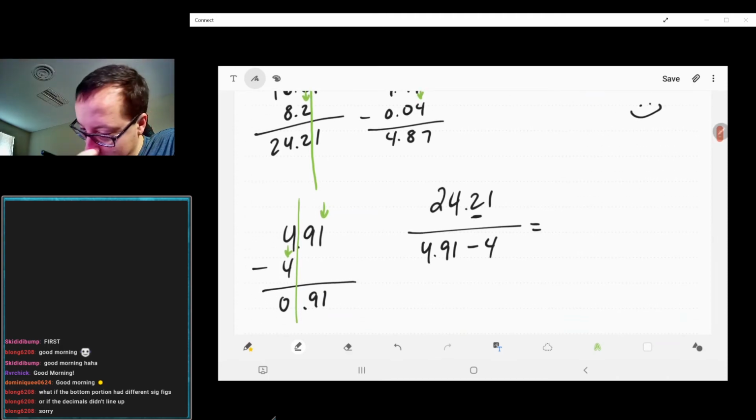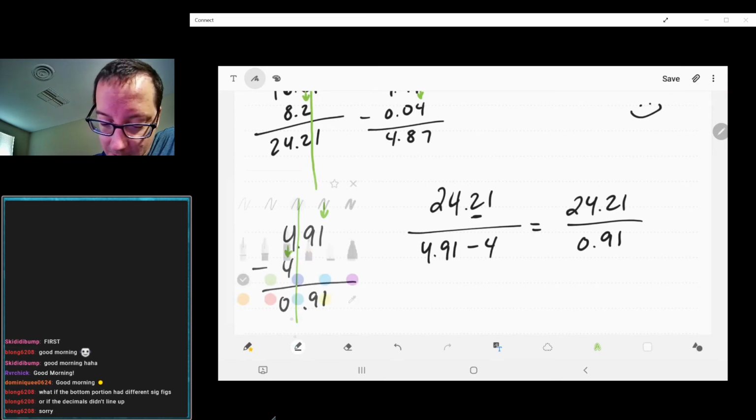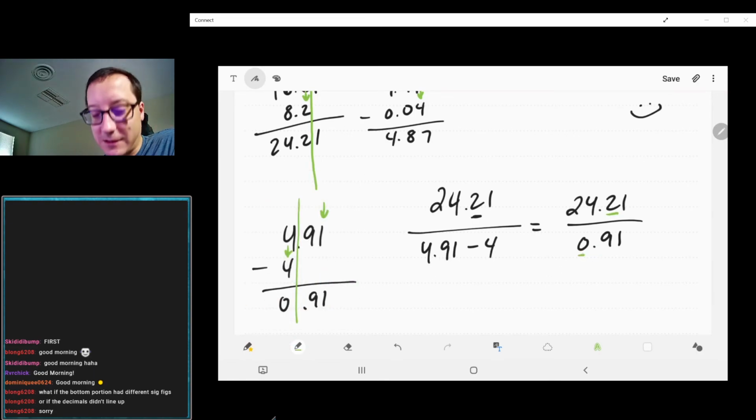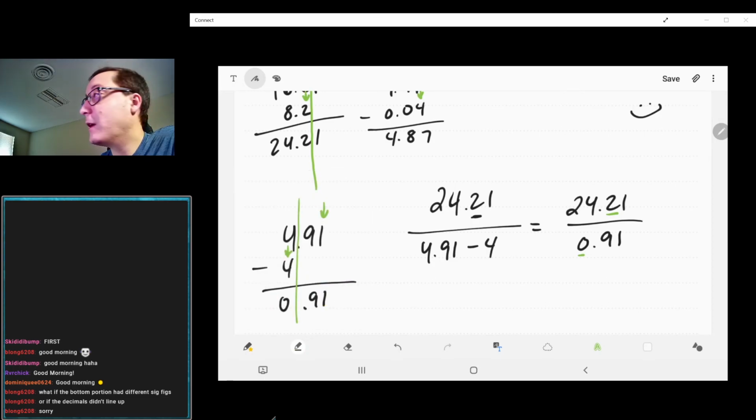If we were to do this, and somehow we have 1 sig fig and 3 sig figs, doing the math, let's see what we get. 24.21 divided by 0.91. We get 26.604, whatever.